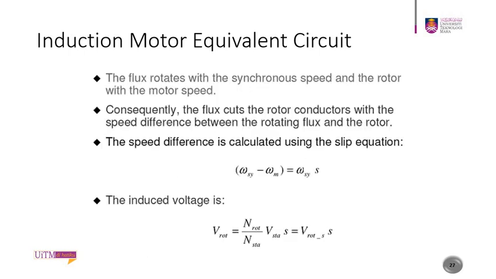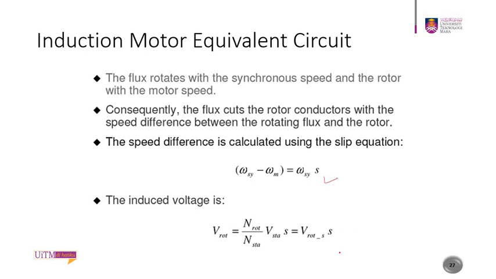The flux rotates at synchronous speed and the rotor at the motor speed. Consequently, the flux cuts the rotor conductors at the speed difference between the rotating flux and the rotor, and as we have discussed before, the speed difference is calculated using the slip equation.